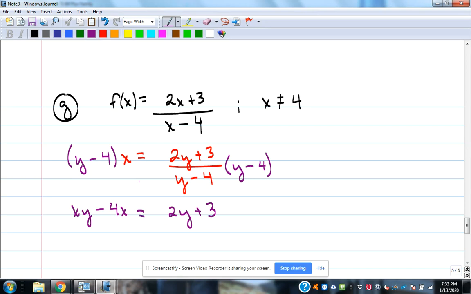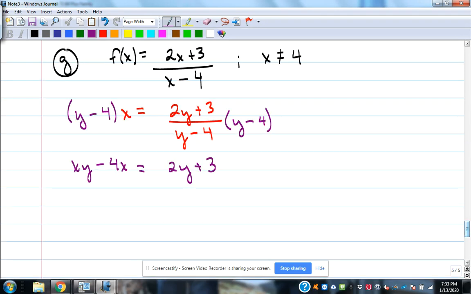This one looks a little tricky because you have an x and a y that are tied together with multiplication, and then on the other side you have something else with a y. So if we're trying to get y by itself, we need everybody that's got a y to be on the same side, right? And everything that doesn't have a y on the other side. So I'm going to move the 4x by addition over here.